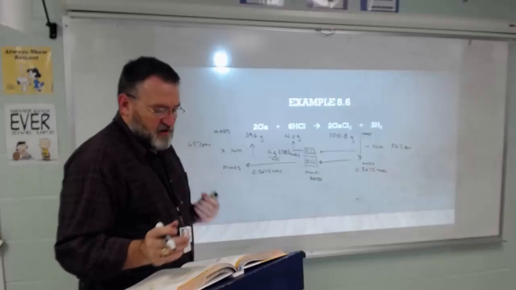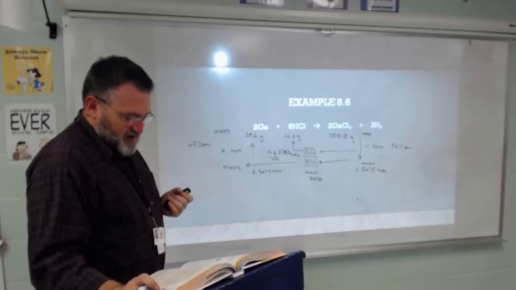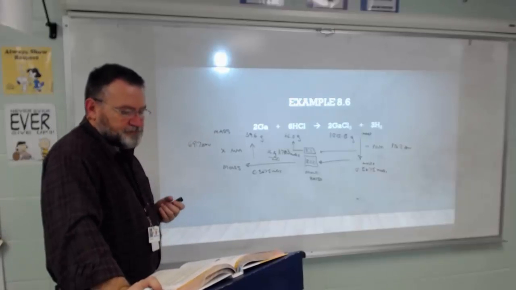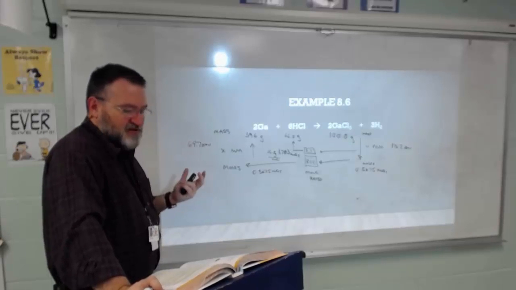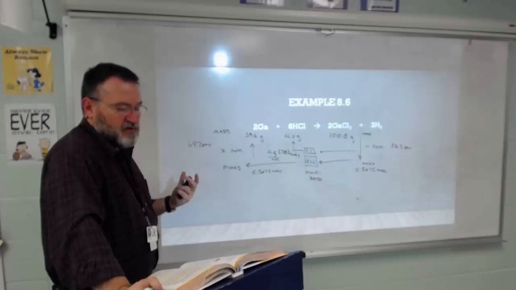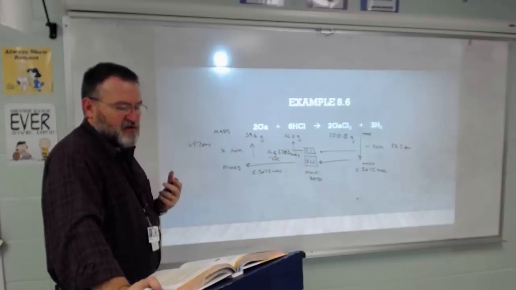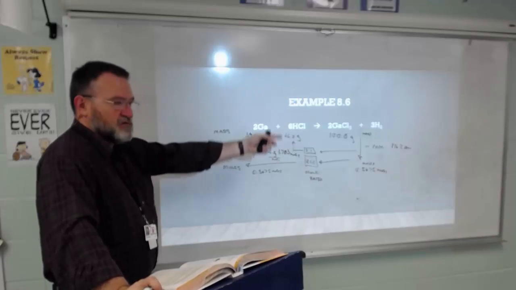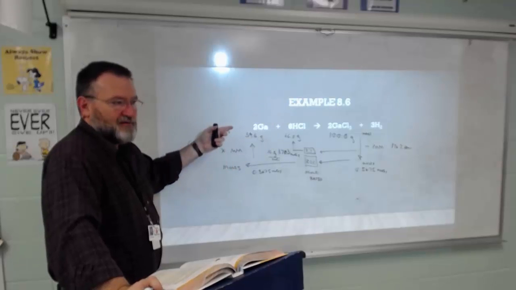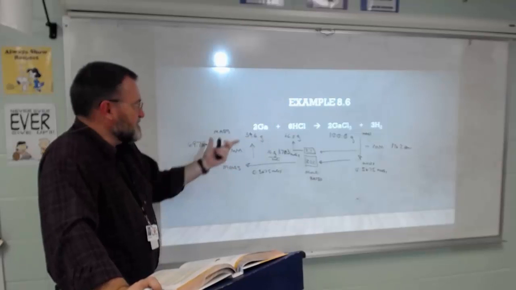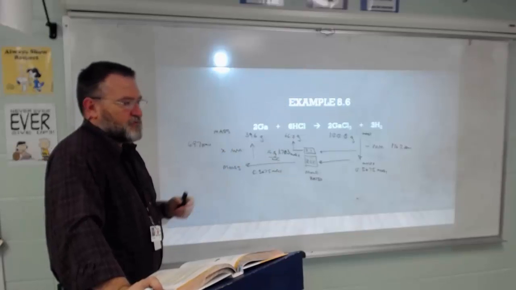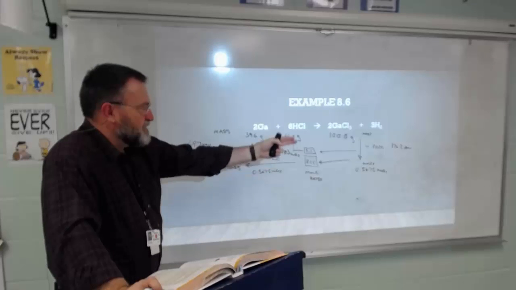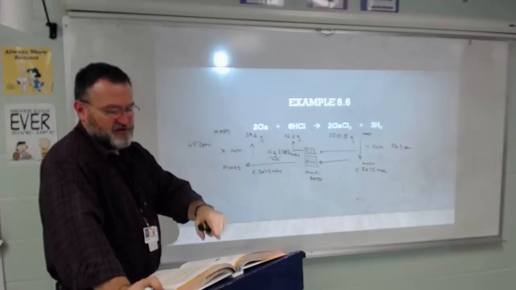If you notice on page 292, figure 8.1, I've got this cute little diagram of a balance, and then arrows that go to the mole, and another arrow goes from the mole to the balance. That's where I came up with the vertical parts of this diagram. I saw this and went, yeah, let's just convert grams to moles, moles to moles, moles to grams. So this process is rooted in this diagram.